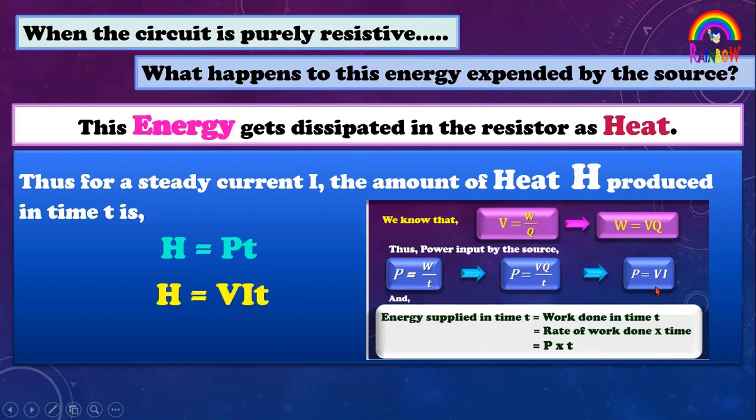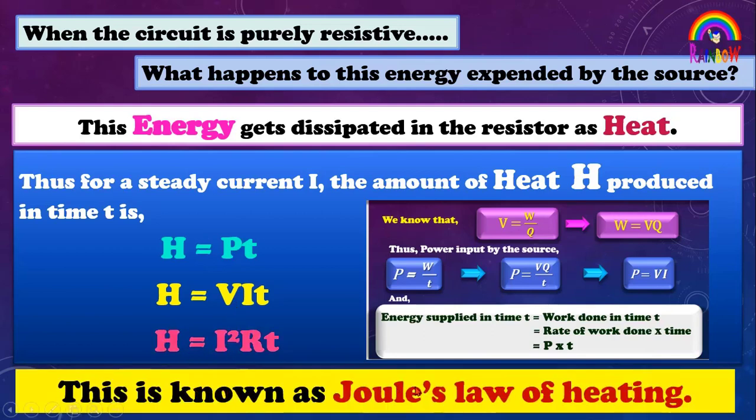We know that P is equal to VI. So it can be written as H is equal to VIT. And also by Ohm's law, we know that V is equal to IR. If we substitute V is equal to IR here, we will get H is equal to I squared RT. This is known as Joule's law of heating.